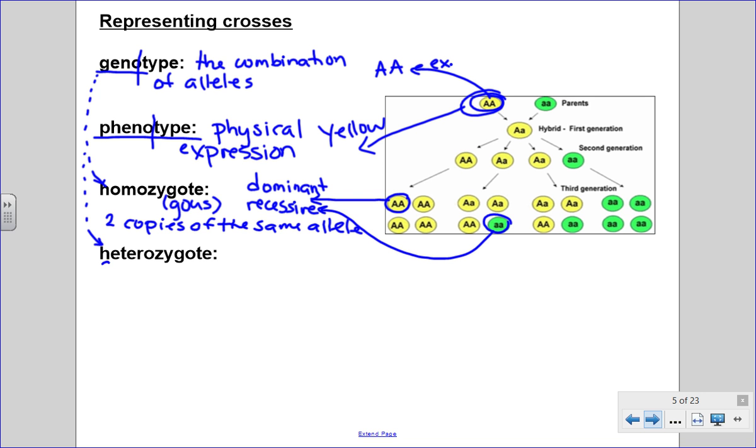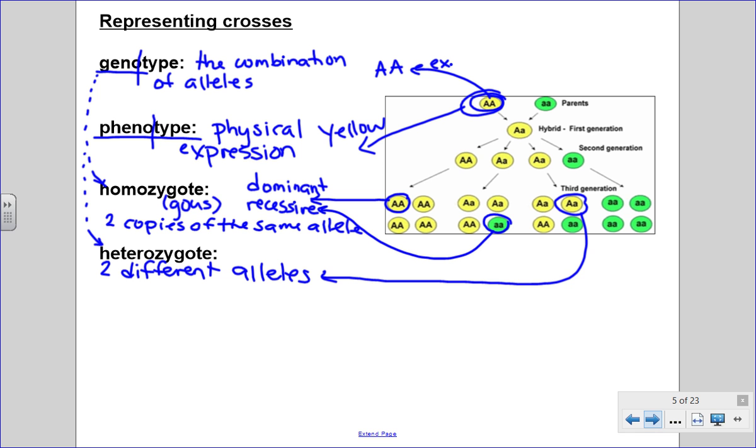A heterozygote has two different alleles. So on my little example, that individual would be a heterozygote. We don't have to say dominant or recessive, because kind of by definition, you have one of each. So you don't have to specify. But for a homozygote, you have to specify.